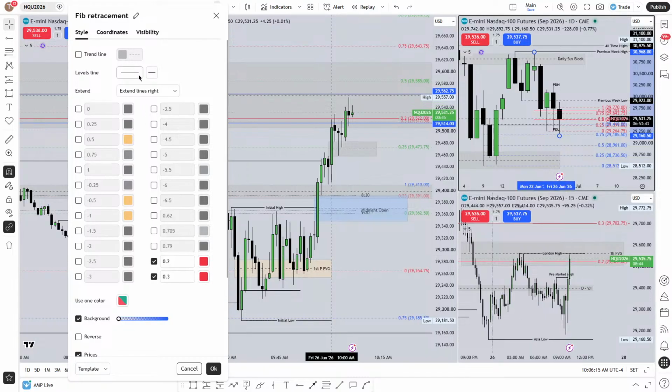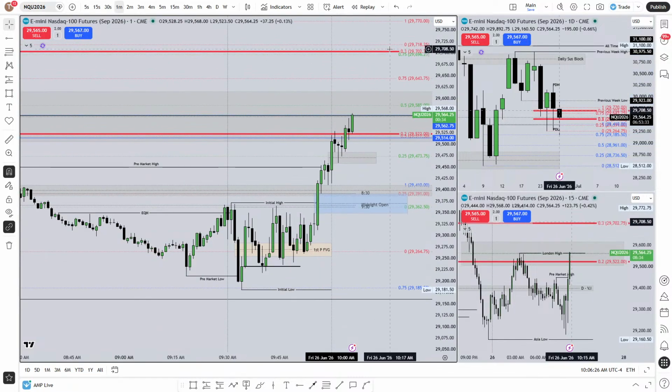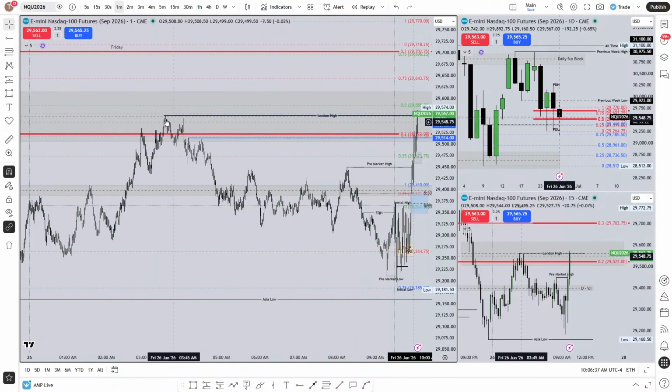Make it a little bit thicker right there, and then 30% is right up here. I would not want to see that though. I don't see us start to move lower here because we just took those London equal highs right there.